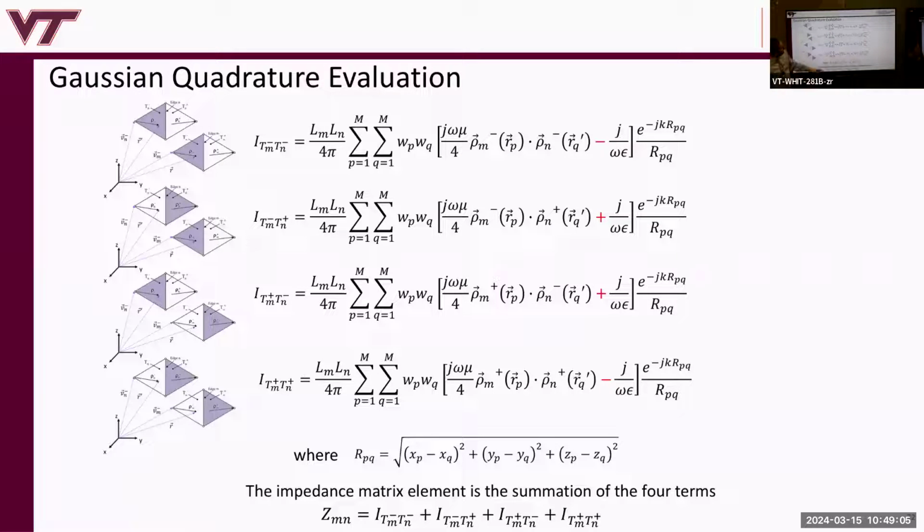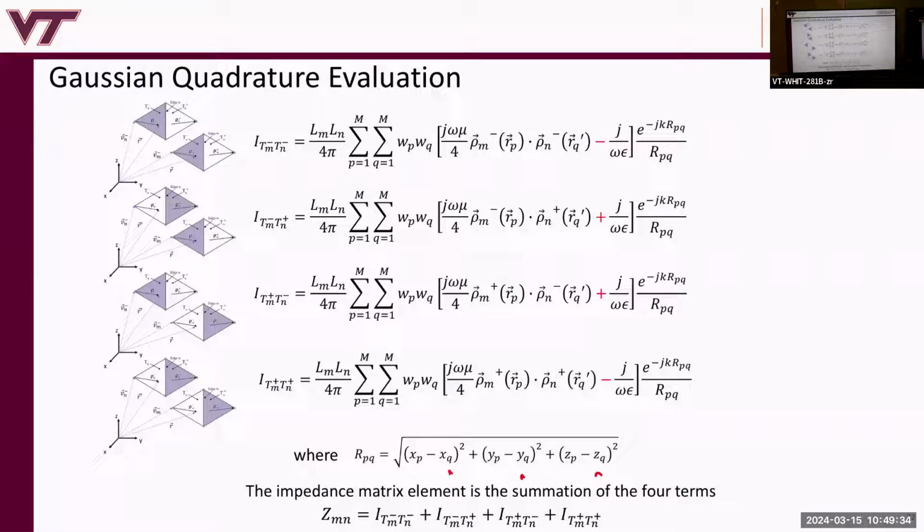RPQ here is defined down here, which is the distance formula, the square root, between the qth Gaussian quadrature integration point and the pth. So you choose alpha, beta, and gamma multiplied by the 3 vertices of the source triangle, and that puts you at some point within the triangle. That has an XYZ coordinate, and you use that as XQ, YQ, ZQ.